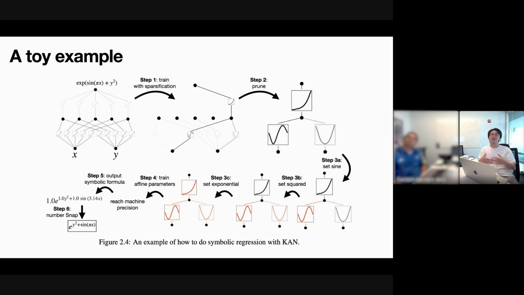The bottom right looks like a parabola, so we probably need to set it to be the squared function. And the activation at the top looks like an exponential, so we probably need to set it to exponential. After doing that, we can further train the network down to machine precision, and finally output the symbolic formula. And at this point, we totally understand what this data set is about, what the task is about. So we can gain some extent of interpretability by interacting with KANs.